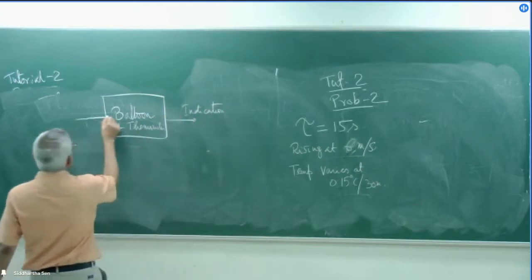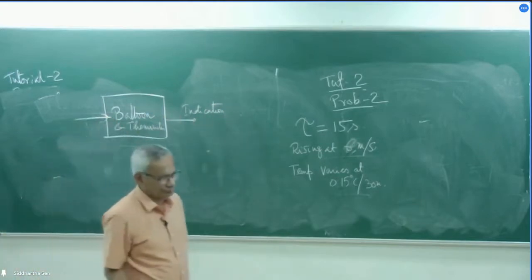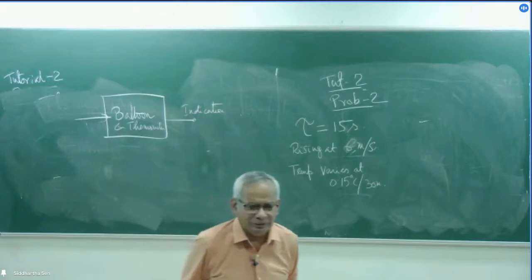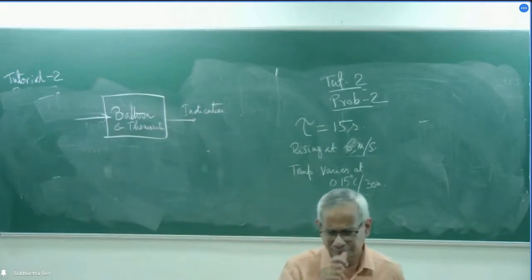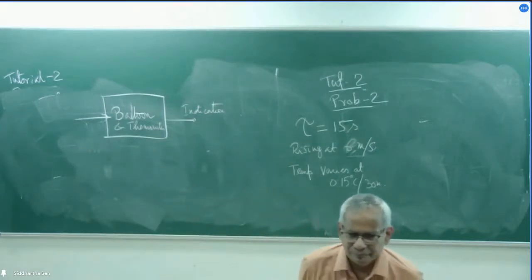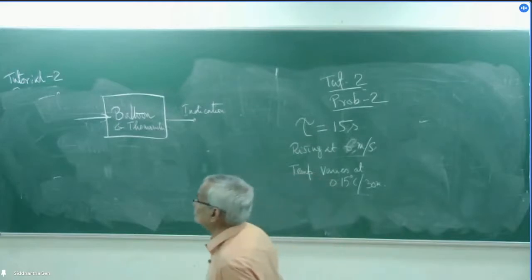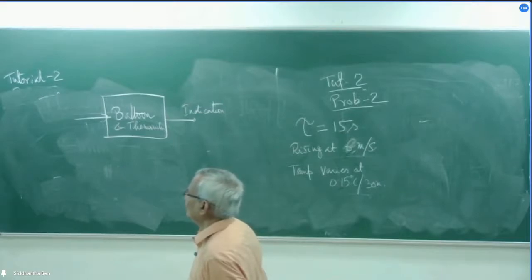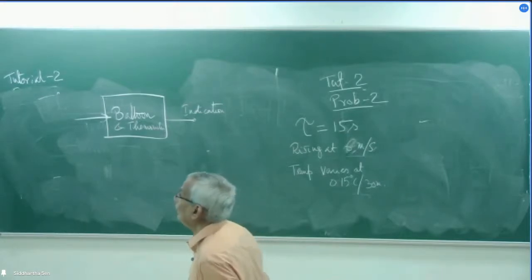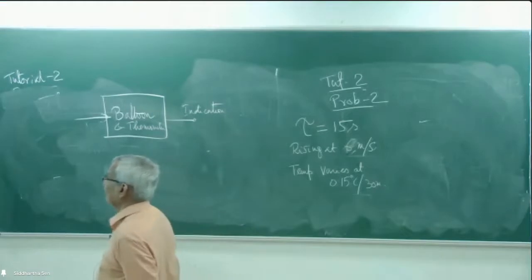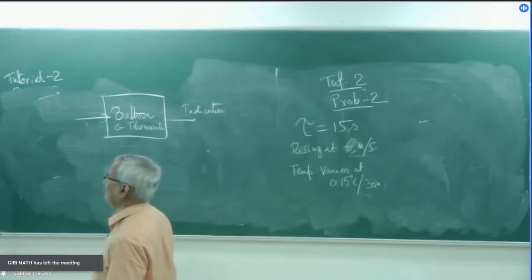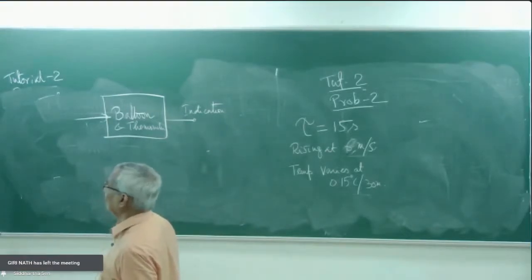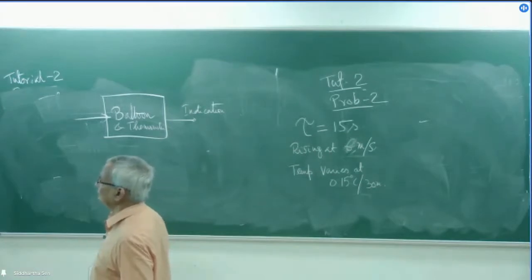So what is the input? What will be our input? Can you tell me? Height. Yes? Height. But how the height changes with time? Yes, the rate of change of height. How does the height change with time?